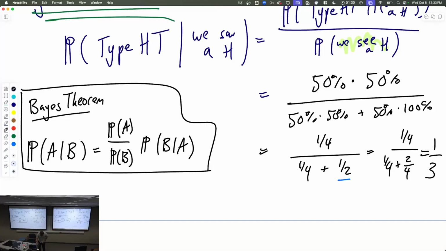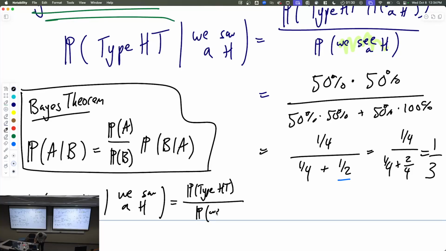So if you do it this way, then the probability of a type heads-tails given we saw a heads will be the probability of type heads-tails with no information, divided by the probability we saw a heads, times the probability of the reverse: you see heads, given it's a type heads-tails.